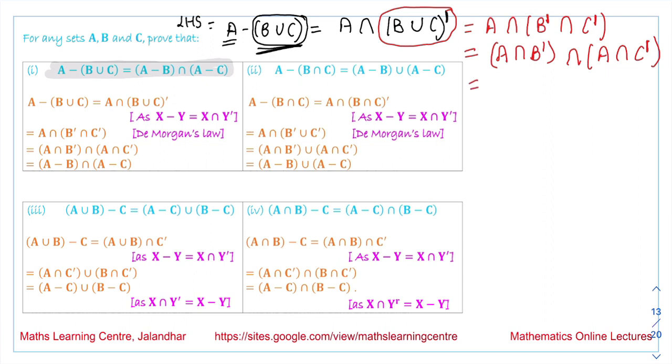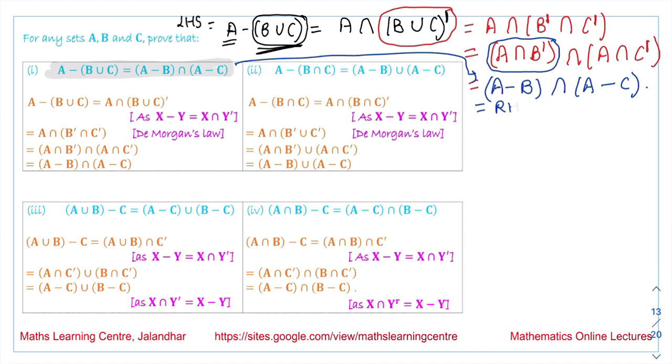What is A intersection B complement? This is those elements of A which are not in B. So this is equal to A minus B intersection A minus C, and this is what we have to prove. This is equal to the right hand side.